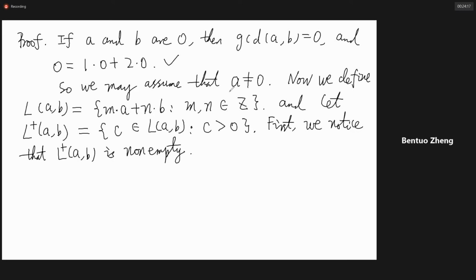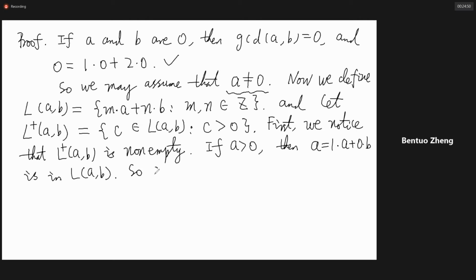Because we assume A is not equal to 0. If A is greater than 0, then A itself is equal to 1 times A plus 0 times B, which is in L of AB. So A is also in L plus of AB because A is greater than 0.